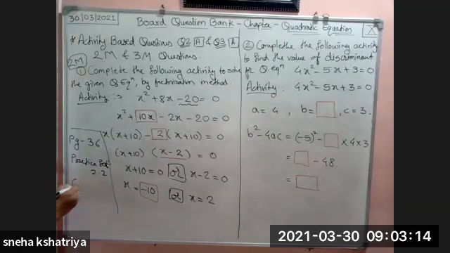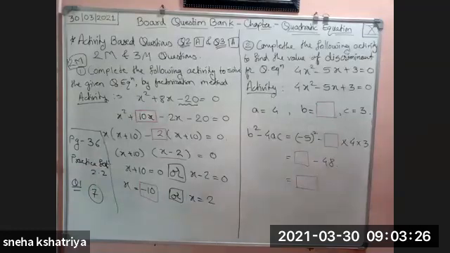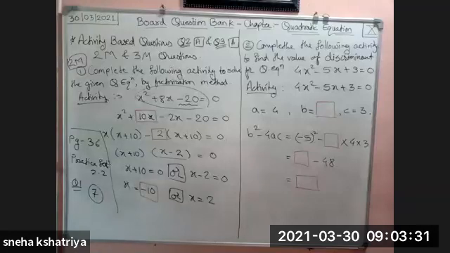From that, question 1, sub-question 7. You will see that the question is the same as this. There is no change, only the quadratic equation given to you is changed.